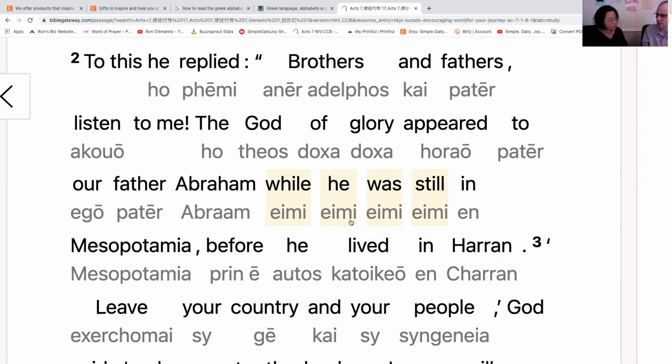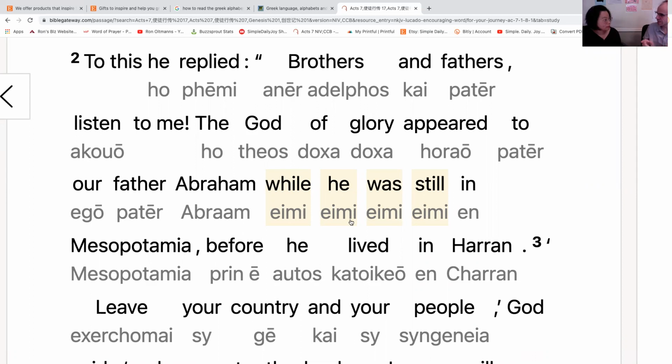This particular word, I'll just make this quick comment. Eimi is a very common word in Greek for "I am." Like God says, "I am who I am." Eimi. Is that how you say it? No, you just say Amy, which is "I am." Eimi by itself is "I am." It's the verb, and since in Greek the verb carries personal distinctions, eimi means "I am."